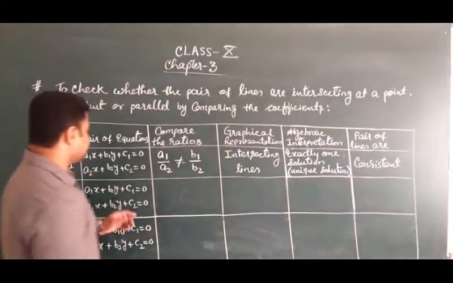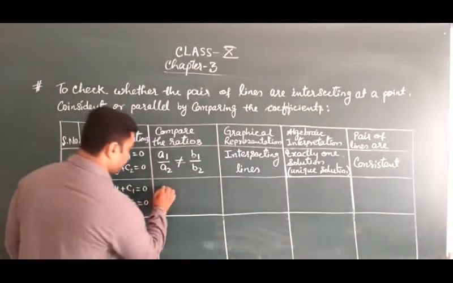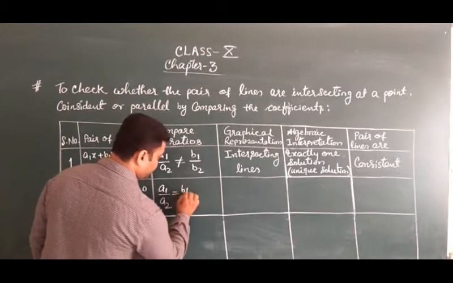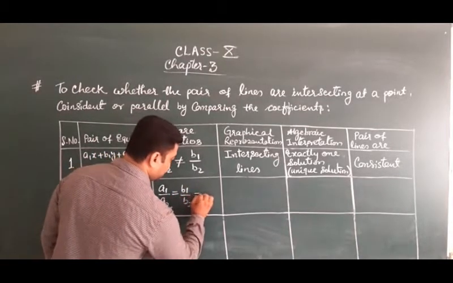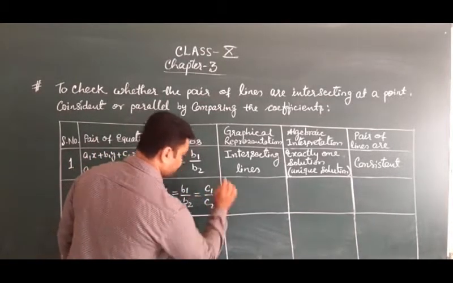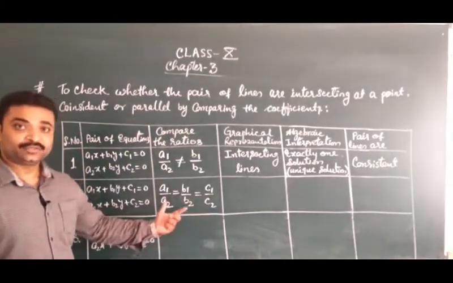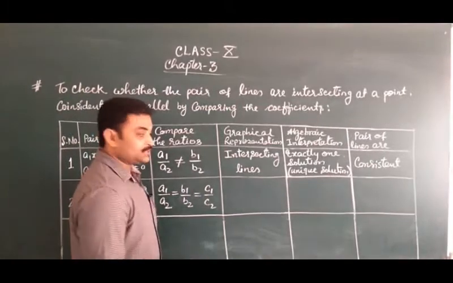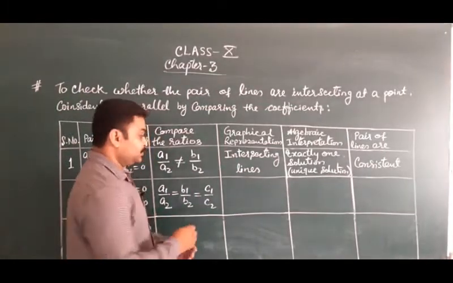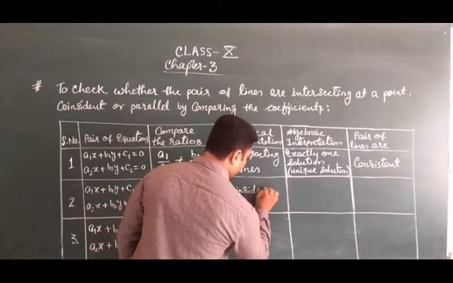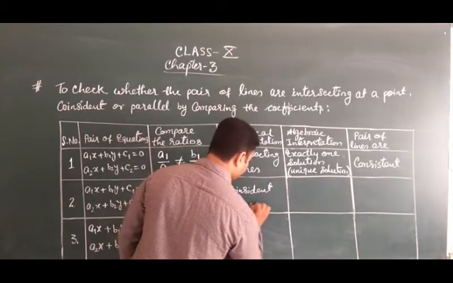Clear? Second case: if a1/a2 = b1/b2 = c1/c2, that means all the ratios are equal to each other, then we can say the lines are coincident lines.